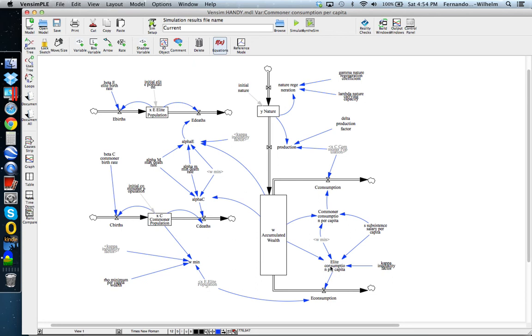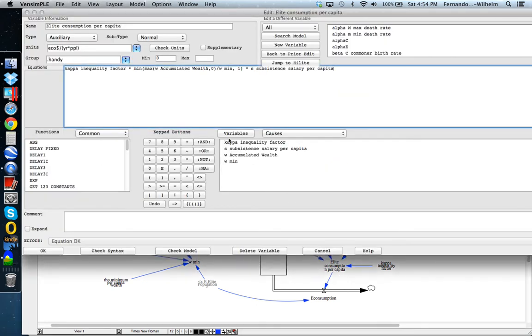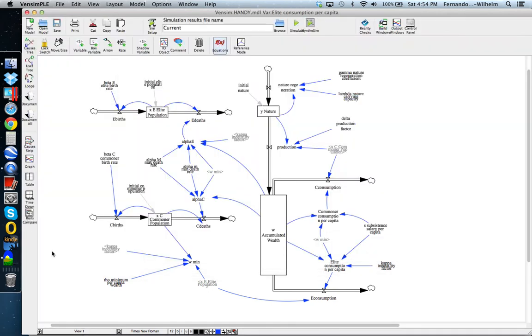It only has an additional factor, which is the inequality, kappa, multiplying it. So here's the same thing, it's the same minimum times the subsistence salary S times kappa. Okay. And notice the units throughout, just that they're consistent. I made an effort to make sure that was the case.